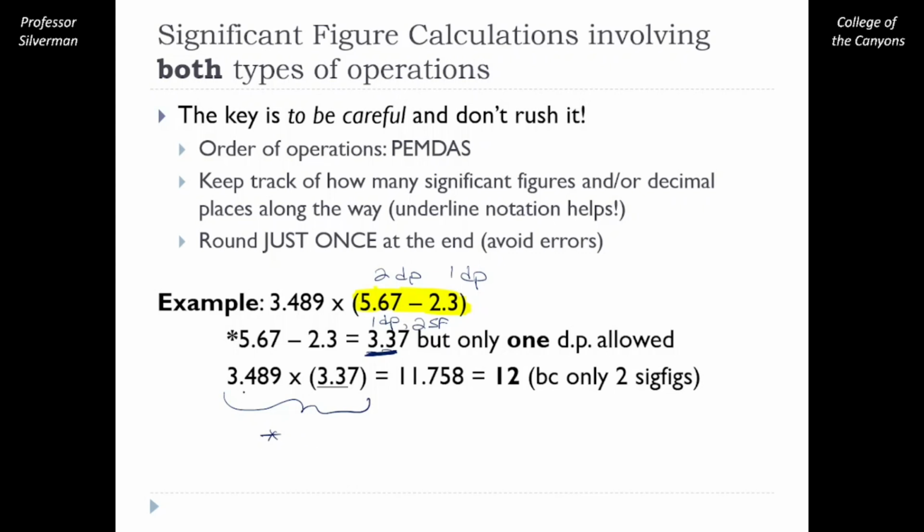This value has 4 significant figures. 3.37, it looks like 3 sig figs, but we underlined it to remind ourselves we actually only know this value to 2 significant figures because of that decimal place rule up above. Now we only get to keep 2 sig figs, so we'll round this value from 11.758. We'll round that up to just 12.